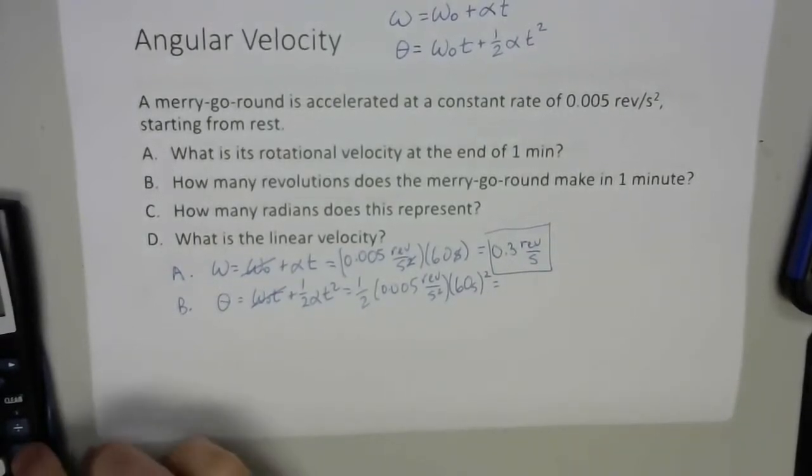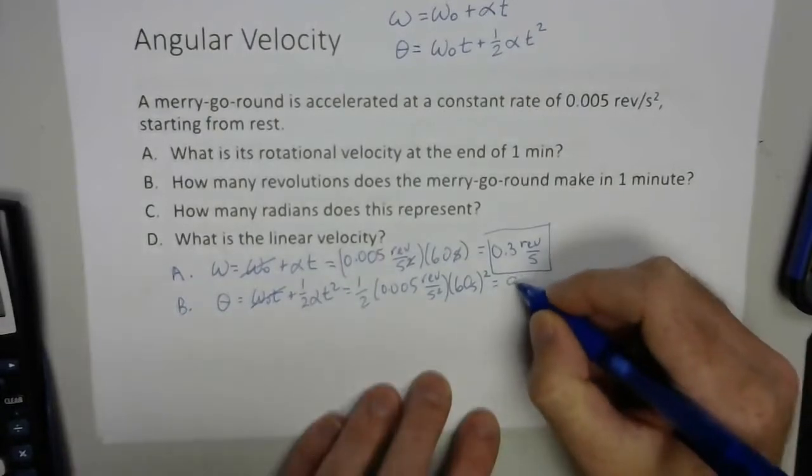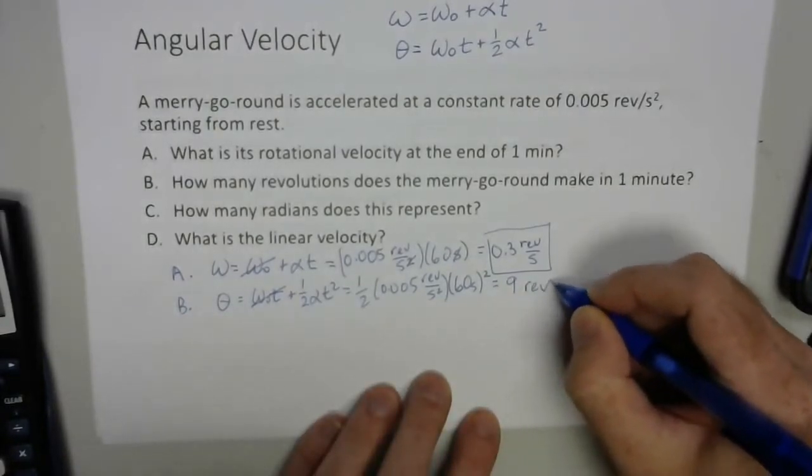So 0.5 times 0.005 times 60 squared gives us 9 revolutions.